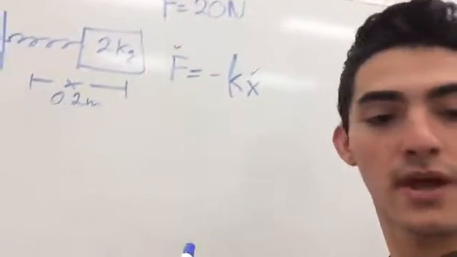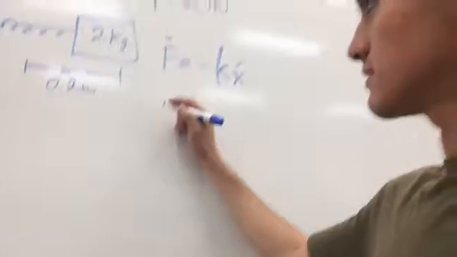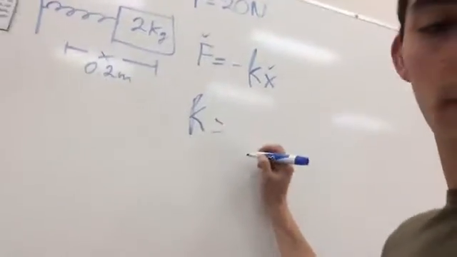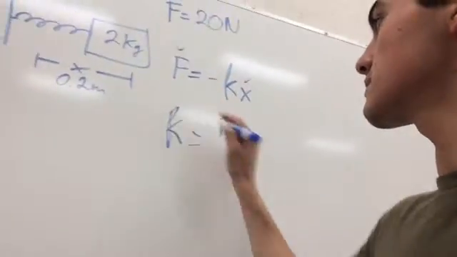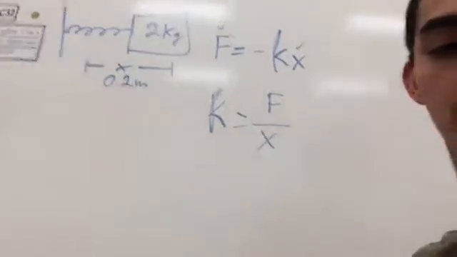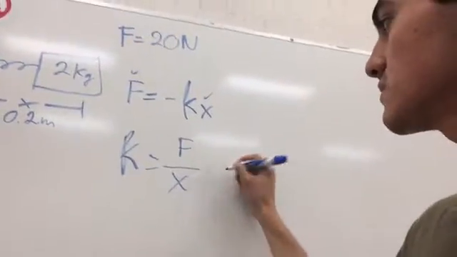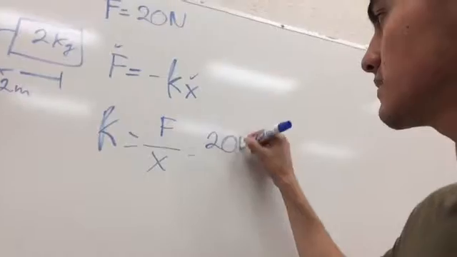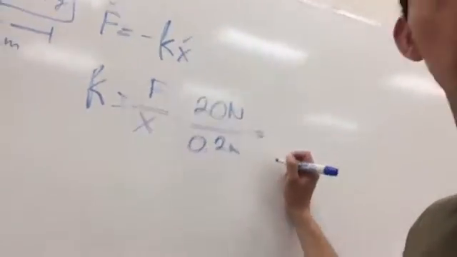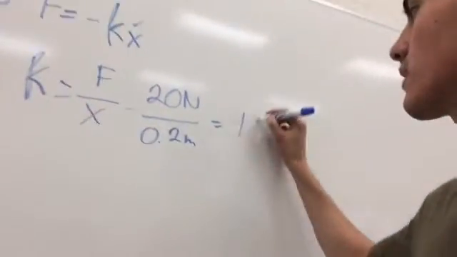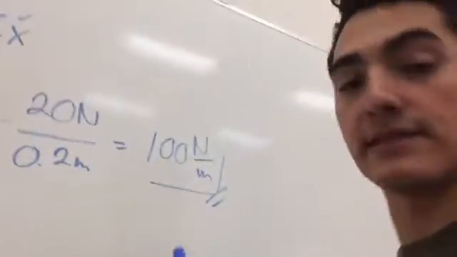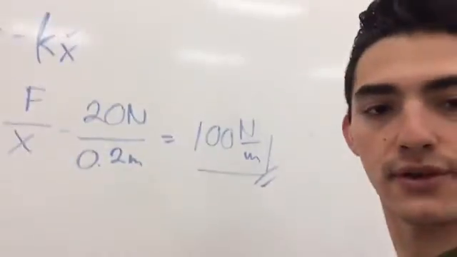So if we solve for k, we obtain that k is equal to the force over x, the distance displaced. If we substitute, we obtain 20 newtons over 0.2 meters, which equals 100 newtons per meter. And this is the force constant.